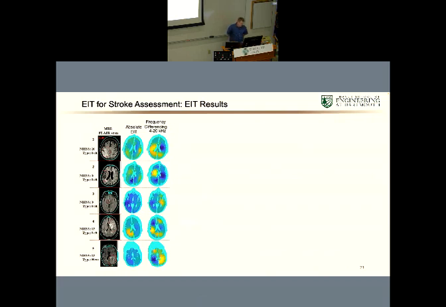So these are the type of results we will get on some applications in EIT. I've circled in red the regions where the stroke lesion is on particular patients.